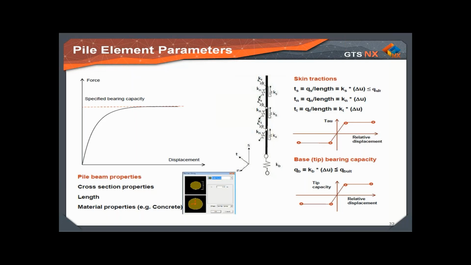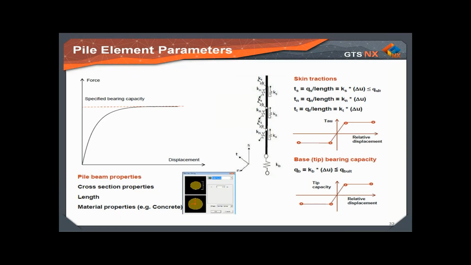When you input this relation, GTS NX describes the full graph in the plus and minus, which allows you to capture both positive and negative skin friction. So if parts of the pile have negative skin friction behavior, you can still capture that in this relation. So these are the inputs of the interface of the pile.